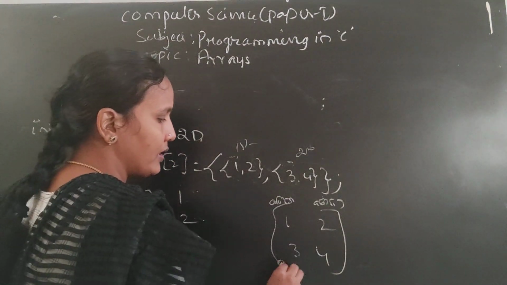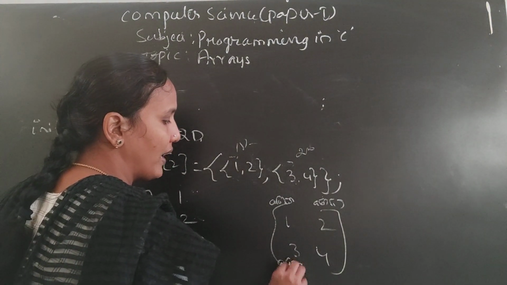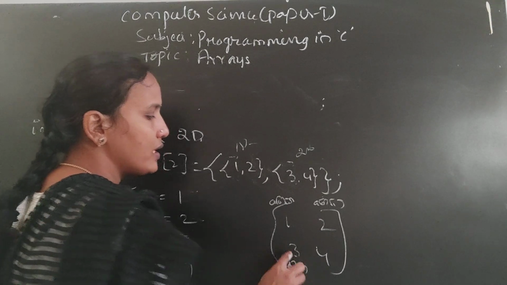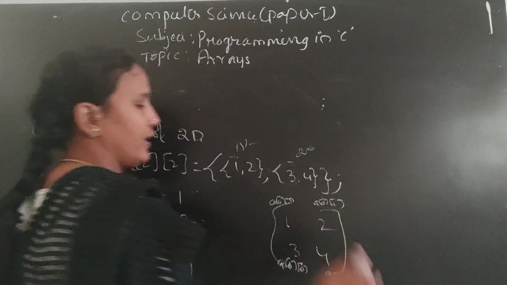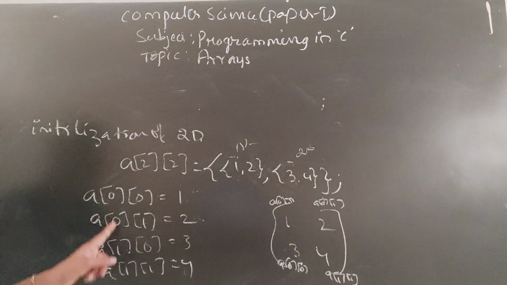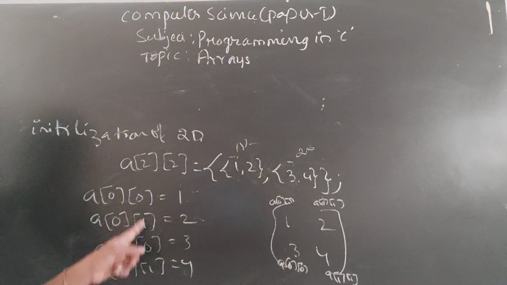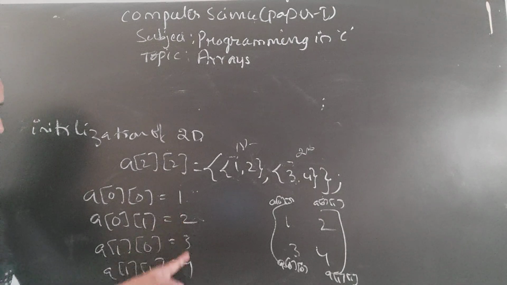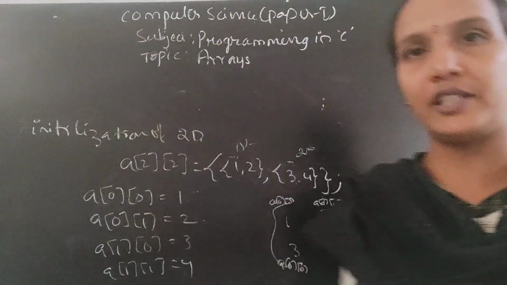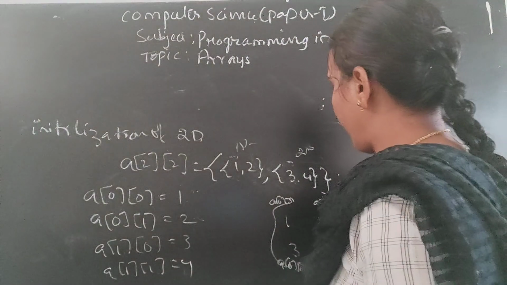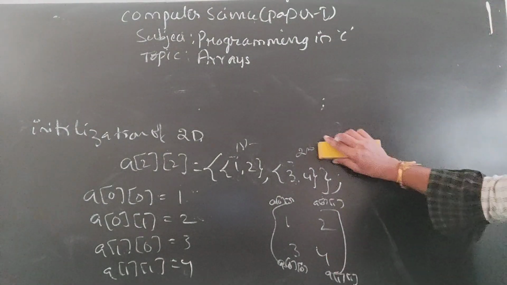Now here it is A1, 0, because it is the second row, first element. And it is the second row, second element, A1, 1. Okay, one subscript for a row, one subscript for a column, and these are the elements. This is the initialization of a 2-dimensional array. Okay, you take a screenshot of this.